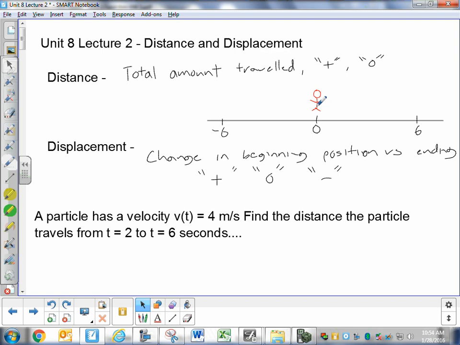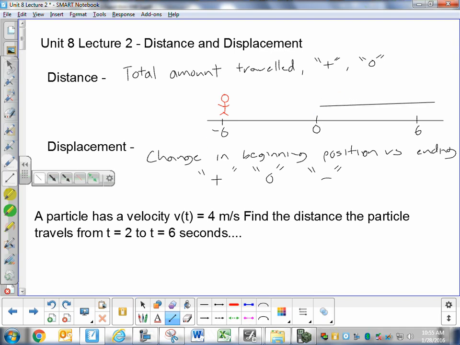Example is this red guy going to the right to 6 and then coming back down to -6. So if I start at 0, I go to the right to 6, and then I come back to the left to -6.